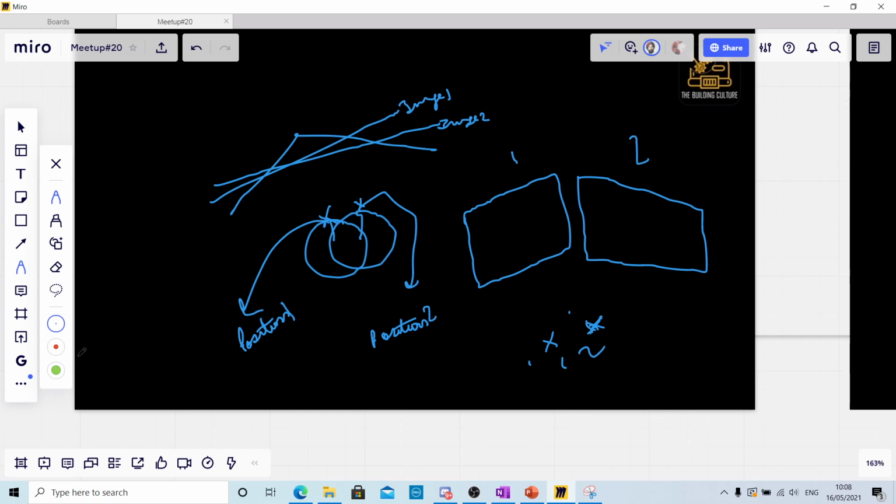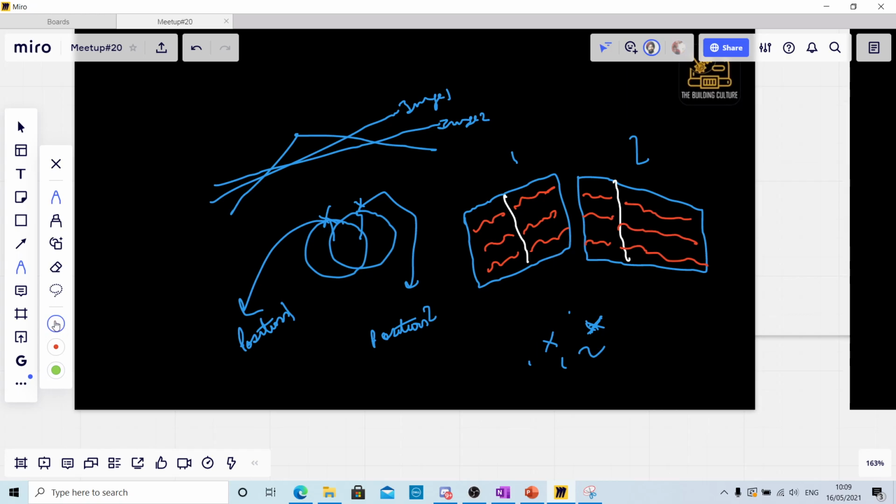Okay. Now we saw that we have these features here. So this, and let's say this, and this, and this. So we have these features here.